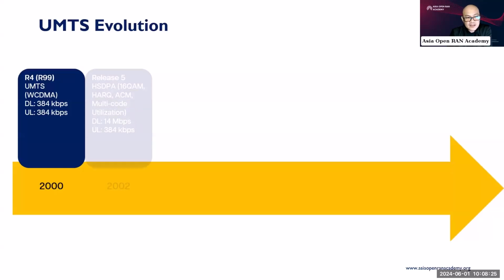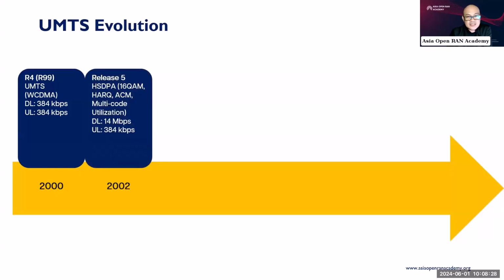Then in release 5, pinakilala si HSDPA, in which a new modulation technique is introduced, which is 16 QAM, 2 raised to 4, so 4 bits are transmitted in one symbol. There is also HARQ, AMC, and multi-code utilization. That's why the downlink throughput increased from 384 kbps to 14 mbps, but there was no improvement in the uplink, still 384 kbps.